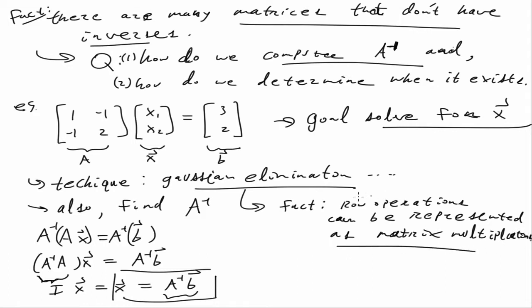Row operations are the things that make up Gaussian elimination, and instead of doing them on the augmented matrix, we can represent the same thing in terms of matrix multiplications.